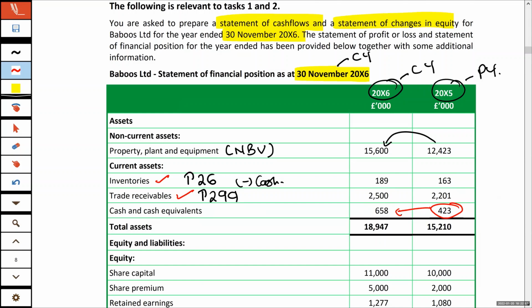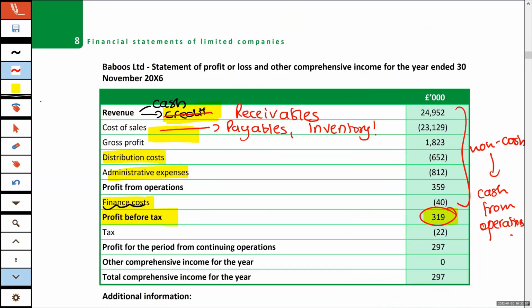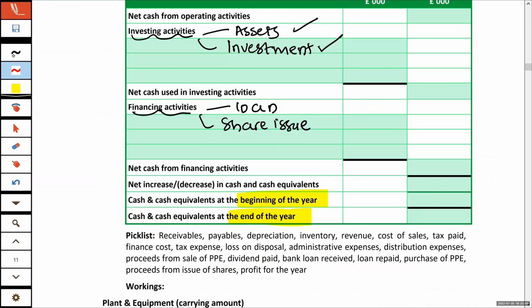So those two figures go at the bottom of part B, where I have cash at the beginning and cash at the end of the year. And whilst I'm here, I might as well do the difference between the two, which is 235.